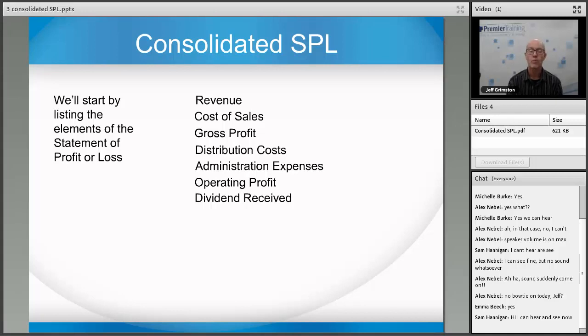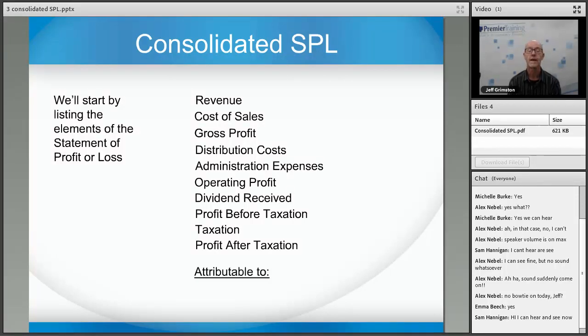Sometimes a company will invest surplus cash in other companies, either for the purpose of control, which is what's brought us to tonight's exercise, or sometimes just as an investment to make some money. So there may be a dividend received. In fact, there is tonight. That takes us to profit before taxation. Then, of course, taxation. Finally, profit after taxation.